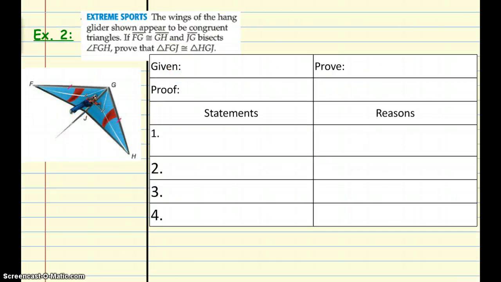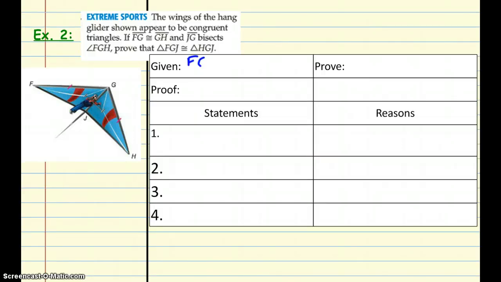Now, our second example, we have the wings of a glider. The hang glider shown appears to be congruent triangles. If FG is congruent to GH and JG bisects angle FGH, prove that FGJ and HGJ are congruent. So again, if you want to pause real quick and set up your two-column proof. The first thing I'm going to do is list what's given.